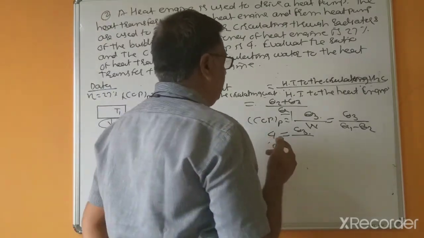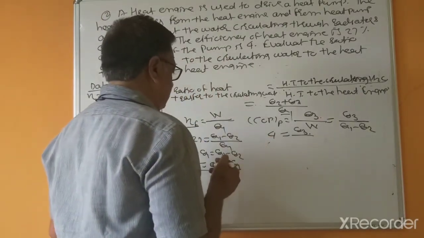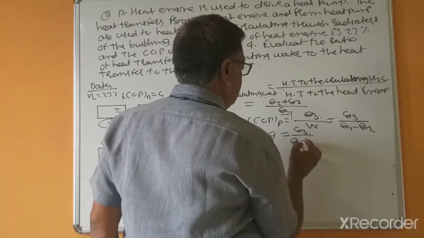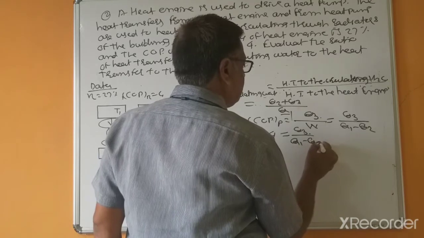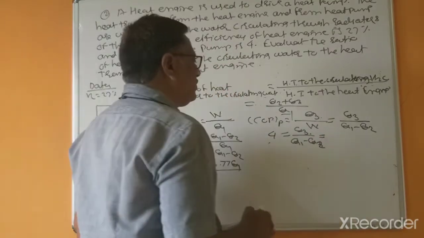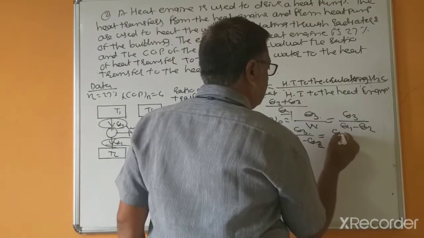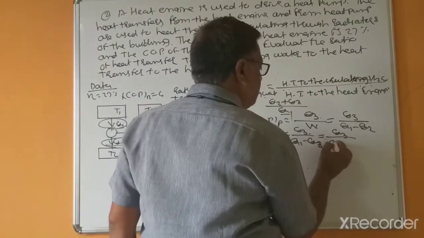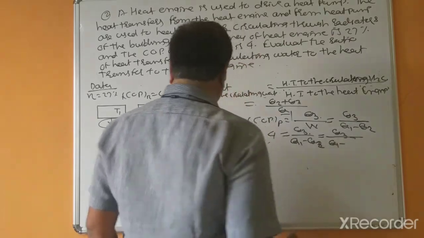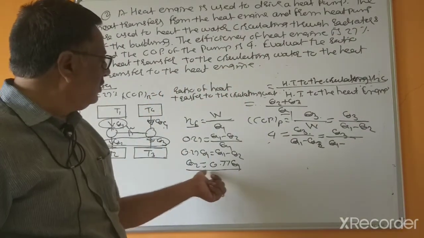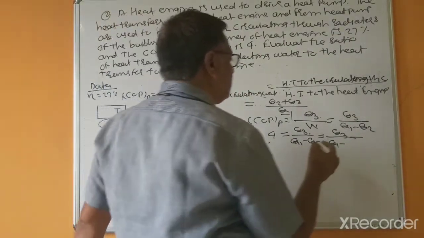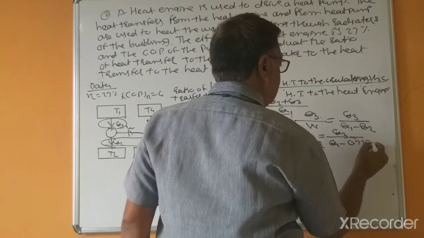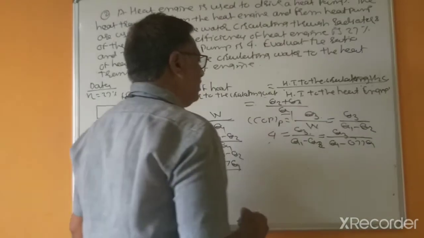So Q3 equals 4 times (Q1 minus Q2), and we already derived Q2 = 0.77 Q1.